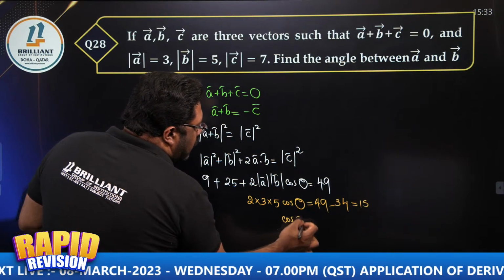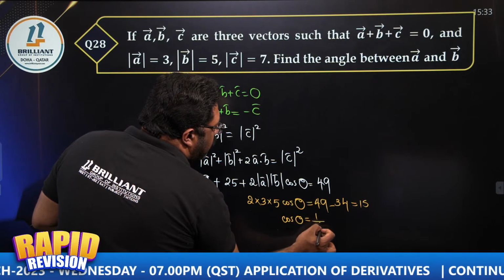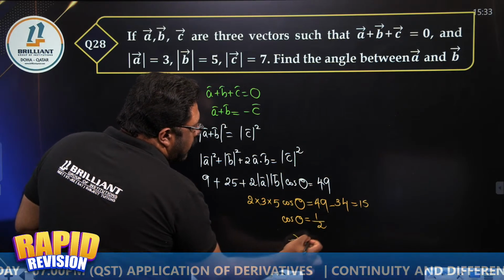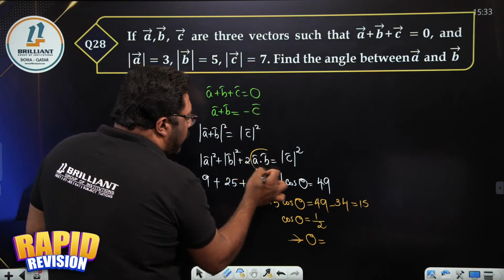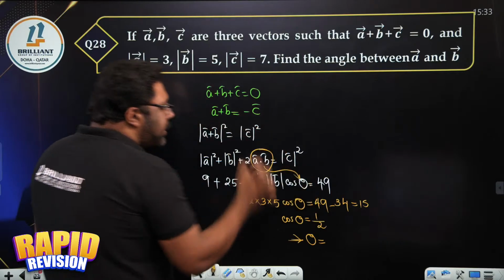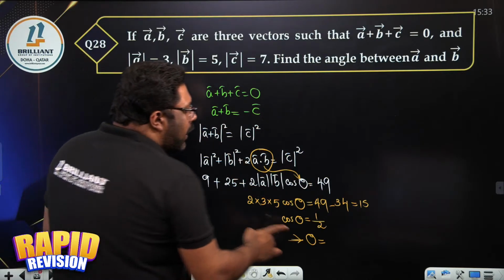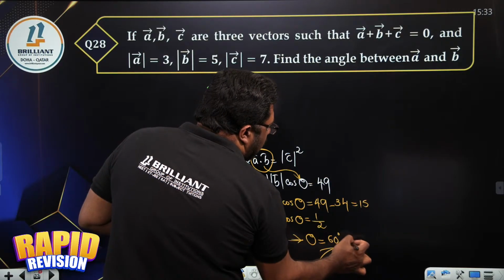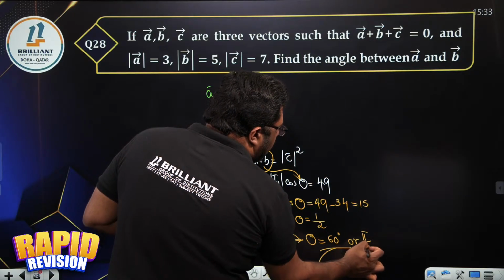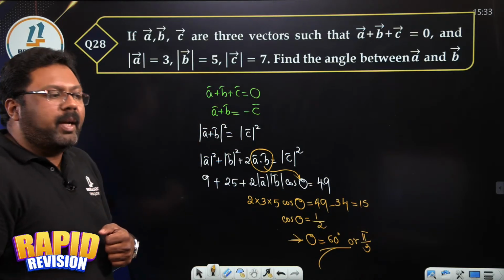So cos theta is 1 by 2, implies the angle between A and B. Yes, theta is 60 degrees. Preferably the answer pi by 3.